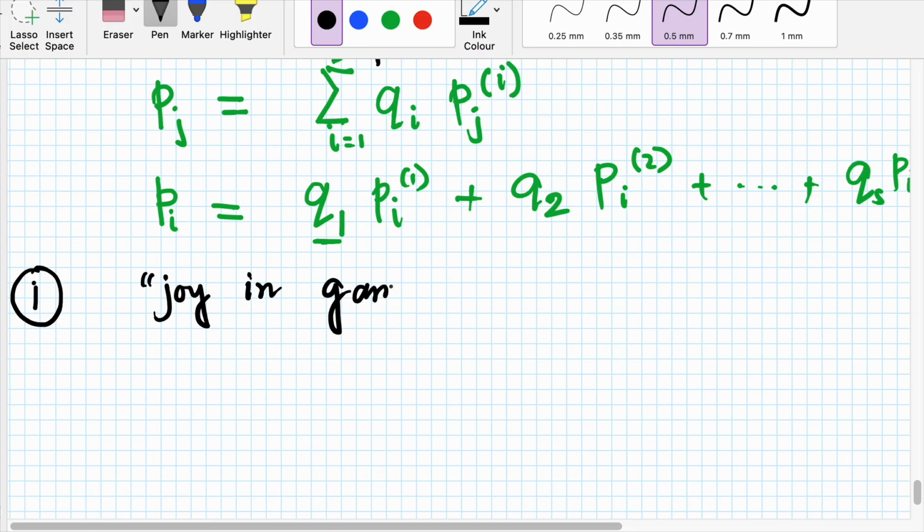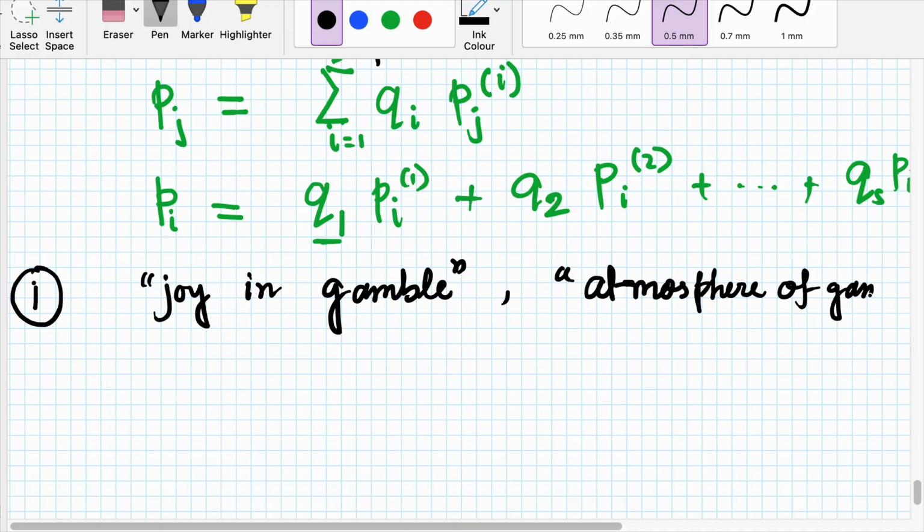Some people get joy in gambling and also feel thrill in the atmosphere of the game, and also the pleasure of suspense.